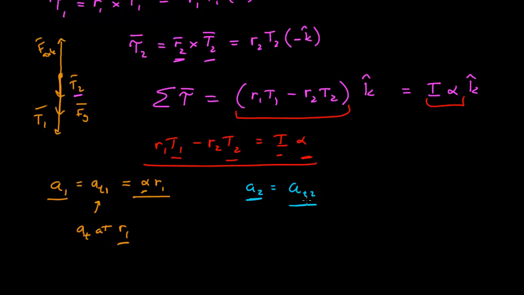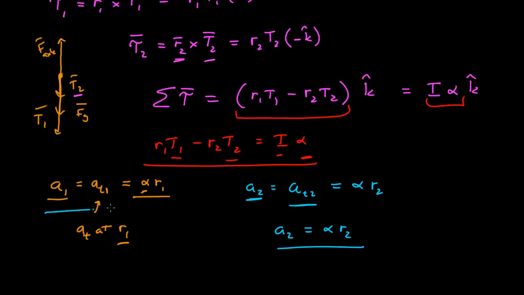That's my no slip condition. And that is equal to alpha times r2. So this gives me another relationship between the acceleration and my angular acceleration.